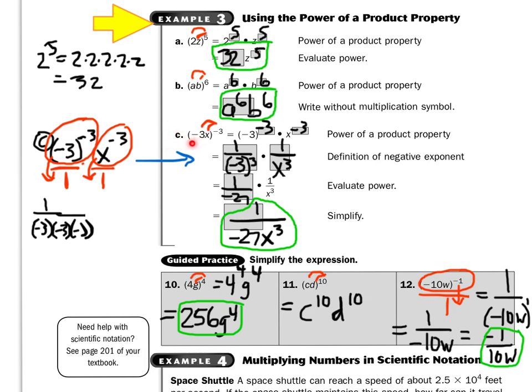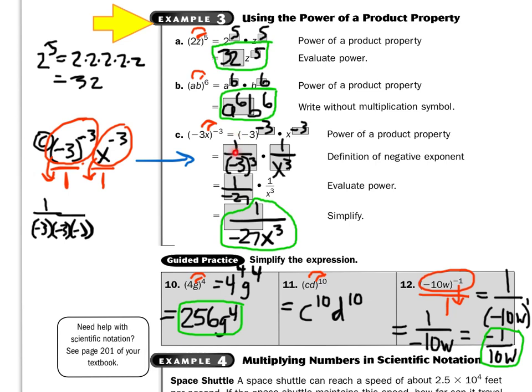I have -3x in parentheses to the -3rd power. Okay, here comes the kitty and the dog. Okay, and I'm going to circle the -3, and I'm going to draw a rainbow to the -3 and a rainbow to the x. So notice how I put the -3 in parentheses to the -3rd power times x to the -3rd power. Now look at, both their little babies are not happy, so they're both going to want to get in the pool.